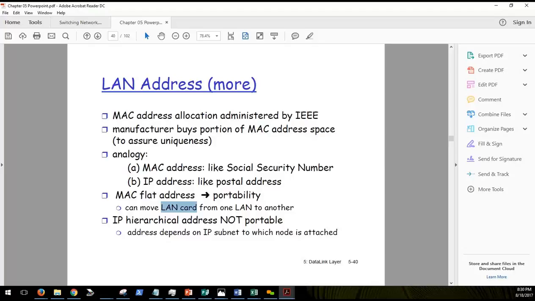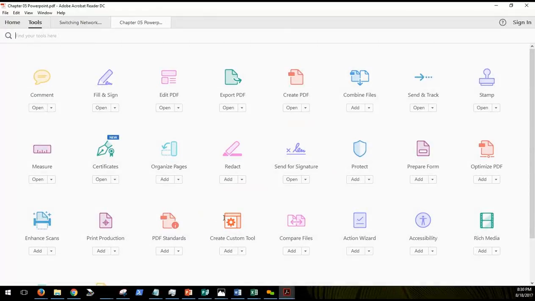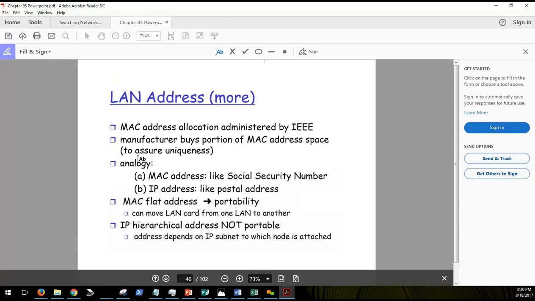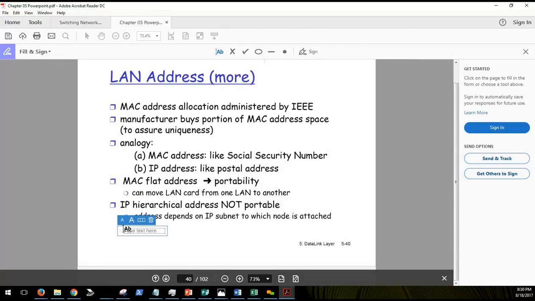Can you think of another name? Network adapter.